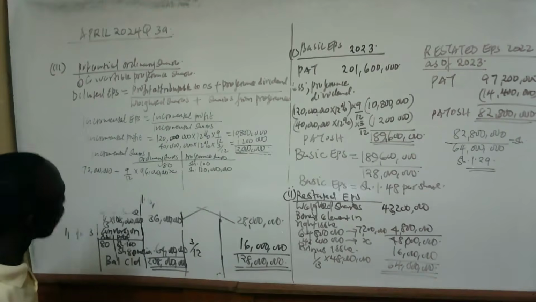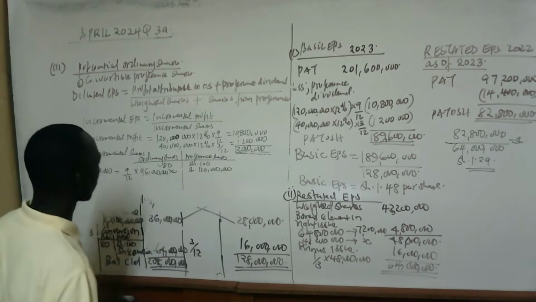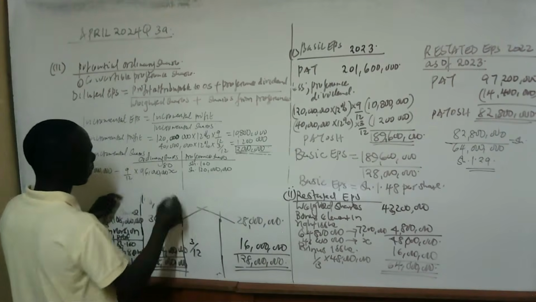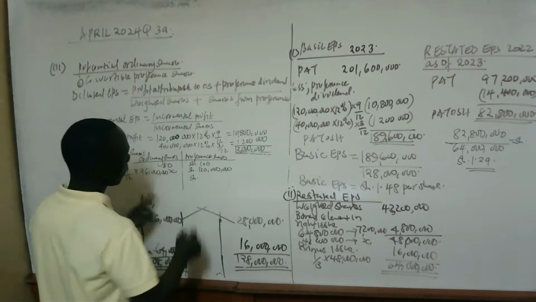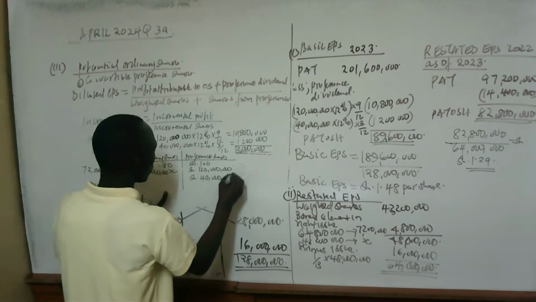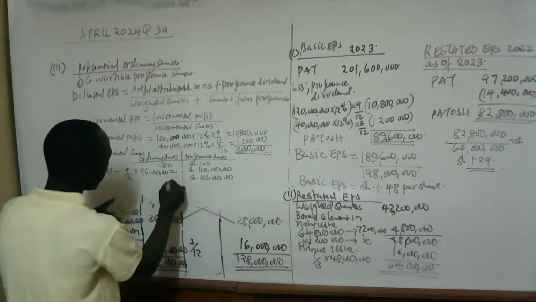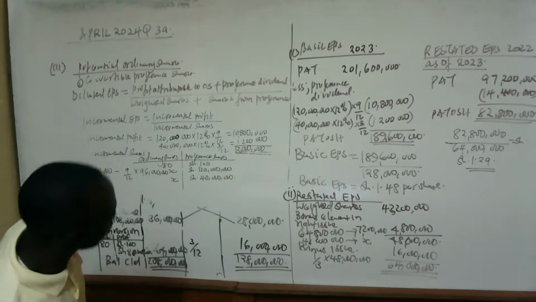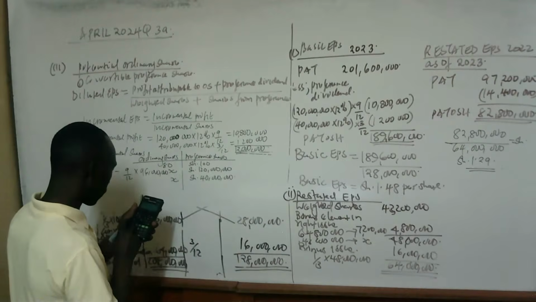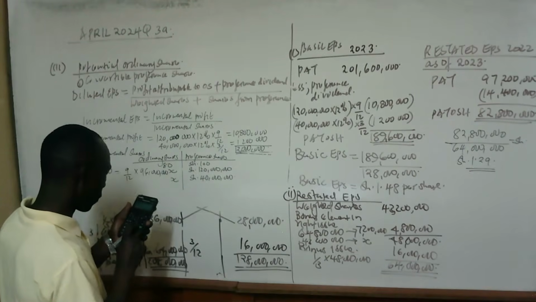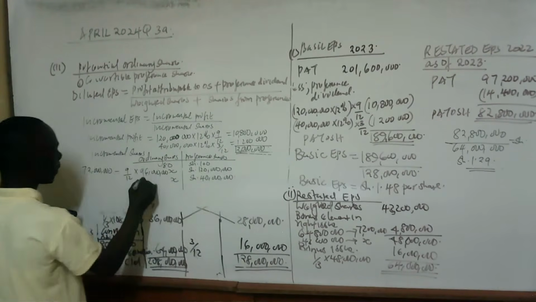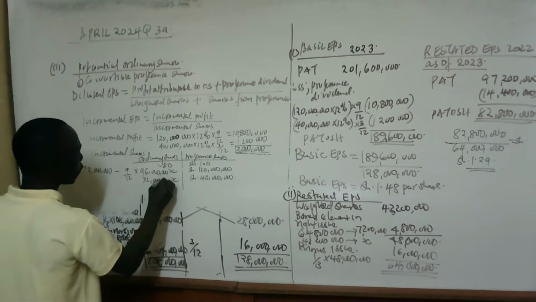Then from there, we converted some. From what we converted, they remain 40, so shillings 40 million. For the 40 million, it is going to be 80 times 40 million, then divide by 100, and you will get 32 million.